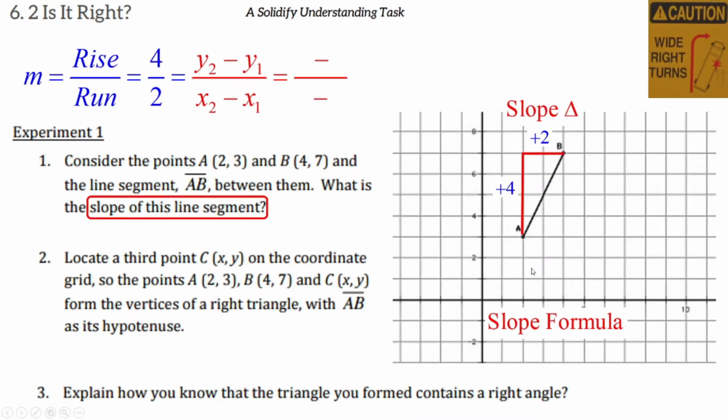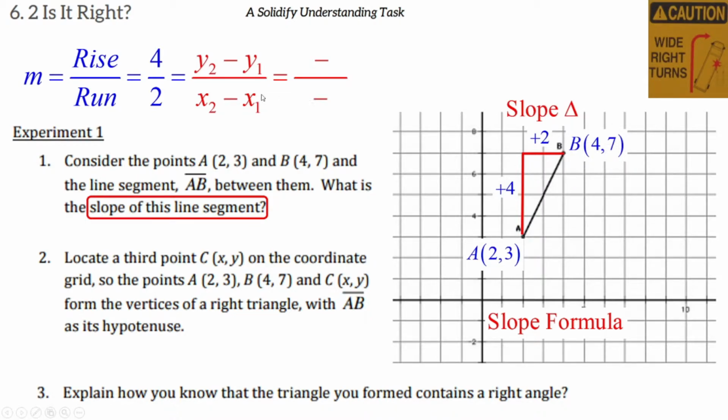Well, let's go ahead and write the coordinates of point A and point B. So point A would be the x is 2 and the y is 1, 2, 3. And for point B, the x is 1, 2, 3, 4. And the y is 1, 2, 3, 4, 5, 6, 7. All right.